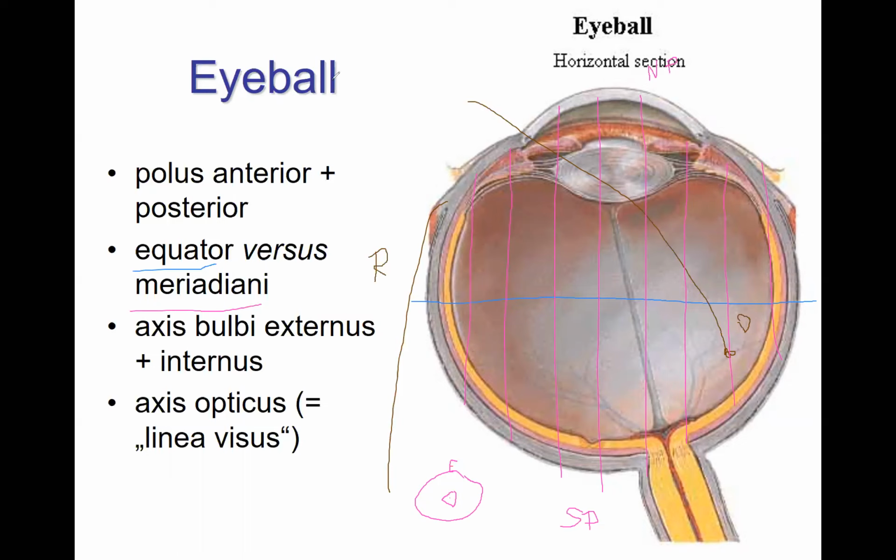Oh, sorry, the equator should be this color. So the equator is like that. And the meridians are like that. And this is if you look into the patient's eyes. And here on the transverse section, of course, the equator is in frontal plane.